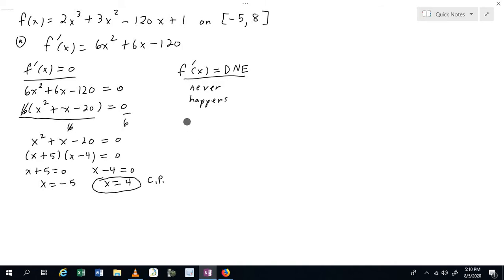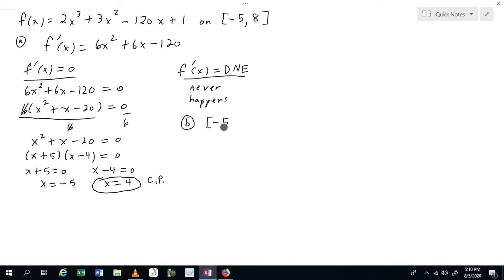Okay? Now, part B, we're supposed to find the local minimums and local maximums on this interval using the first derivative test. The way the first derivative test works is you take the domain of your function and you break it up into intervals based upon where your critical points are within the interval. We only have one critical point in this interval, so we're going to break it up.